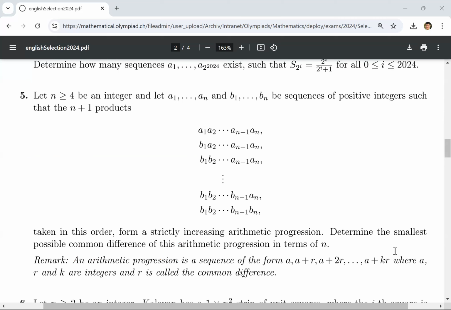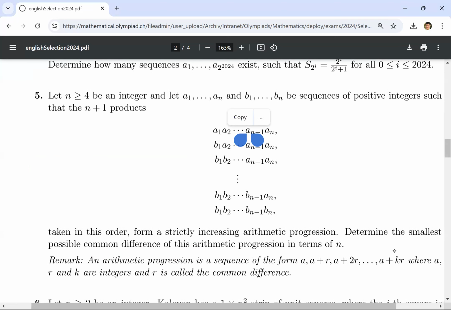Does that make sense? So we assume we've done it for lower cases, and what we notice is this block here. Can you see this block is actually the n minus 1 case?